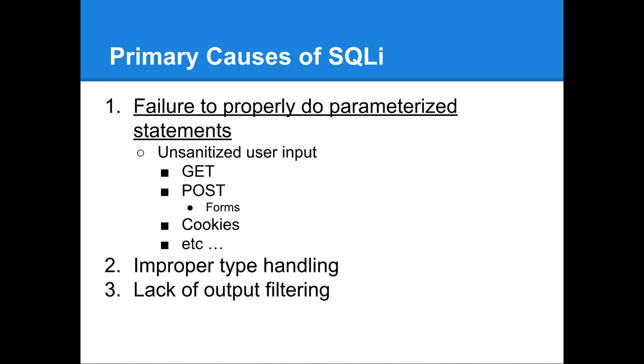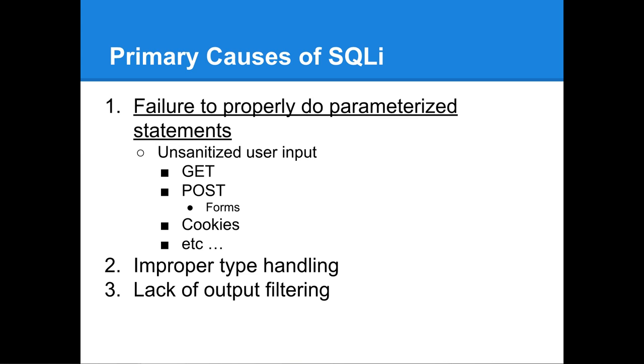Primary causes of SQL injection are commonly three things. A, the failure of the developer to properly implement parameterized statements, which there are libraries to facilitate it, and they often utilize them incorrectly or insufficiently. To do this correctly, you must systemically sanitize every variable of user input that you use for your web application.